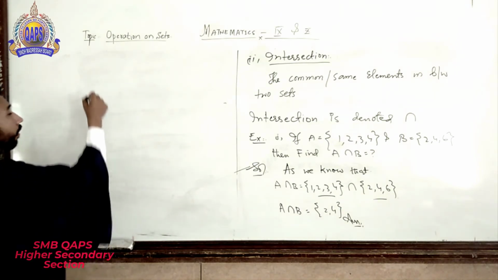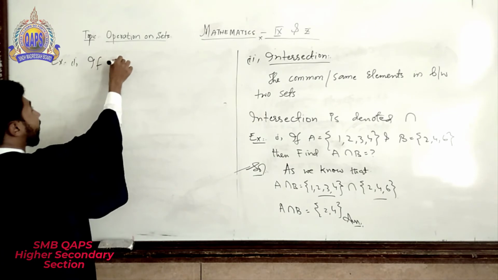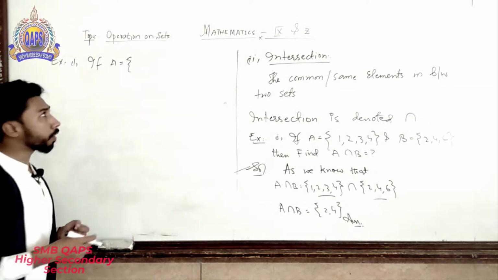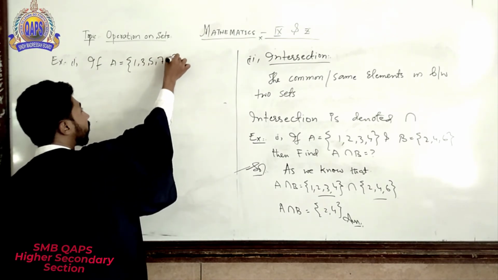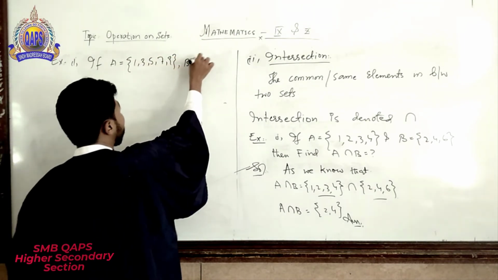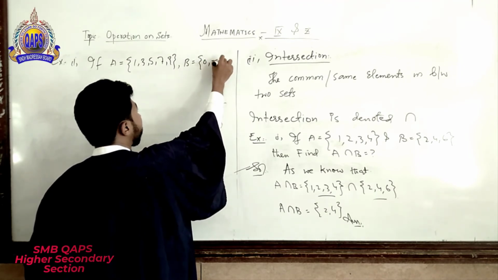The next example of intersection: A contains only odd numbers, 1, 3, 5, 7, 9, and B contains even numbers from 0 to 8.